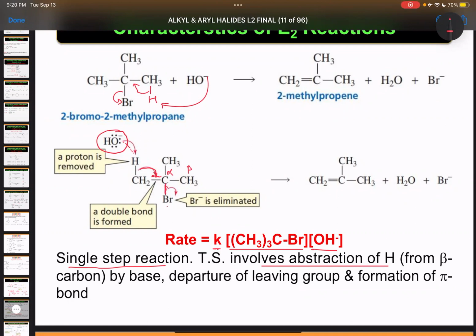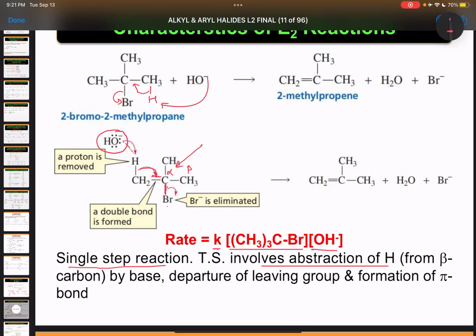So this is the alpha carbon atom. Alpha carbon atom is the carbon atom which is connected to the halogen, and the beta carbon atom is the carbon atom which is next to it. Is it clear? Yes, sir.